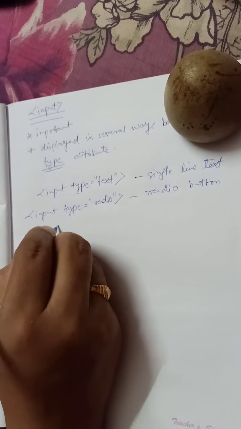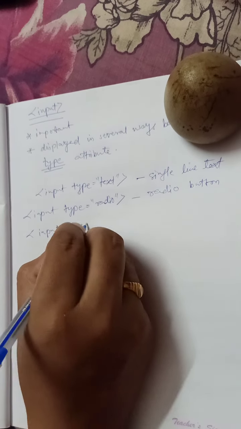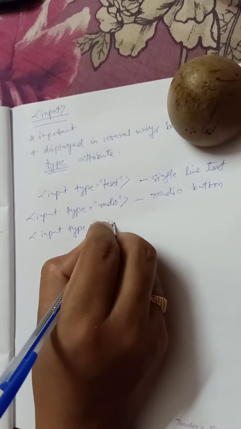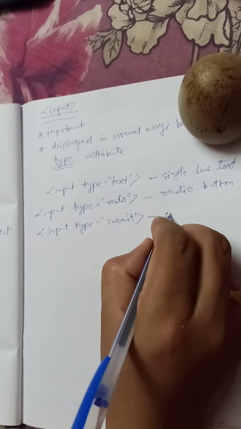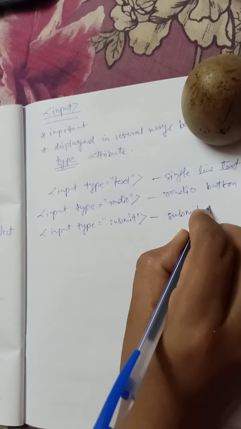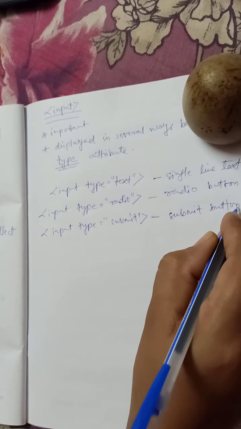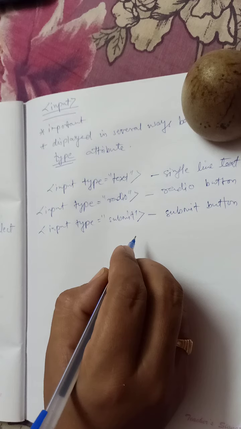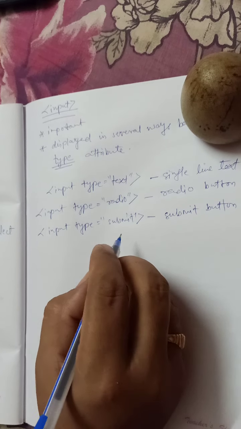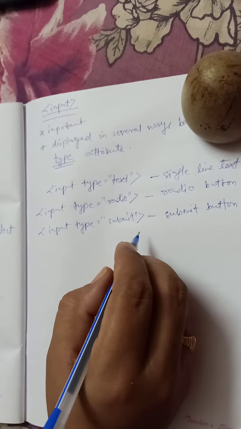If we are writing input type equal to submit, then this defines a submit button which is used for submitting the form. Okay, so we'll be learning about all these things one by one.